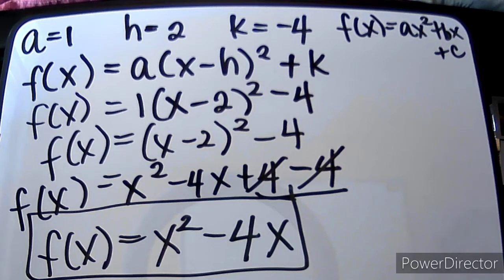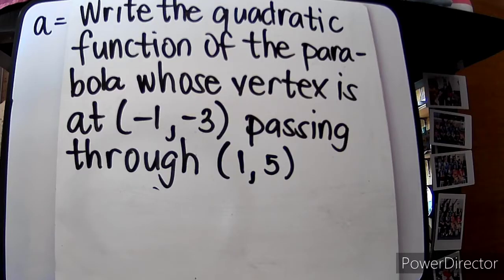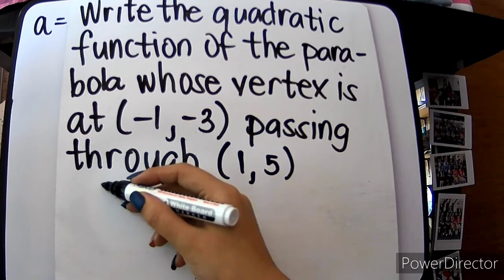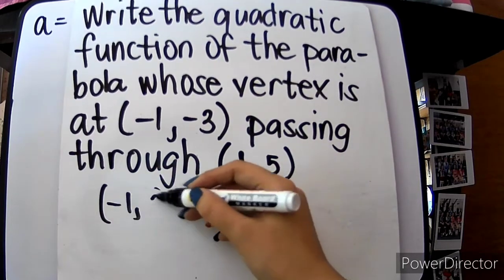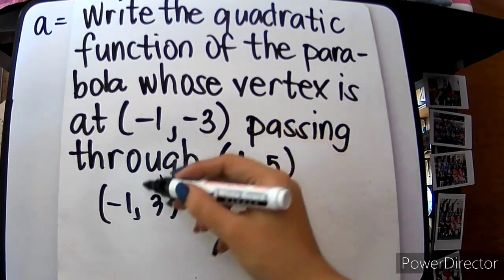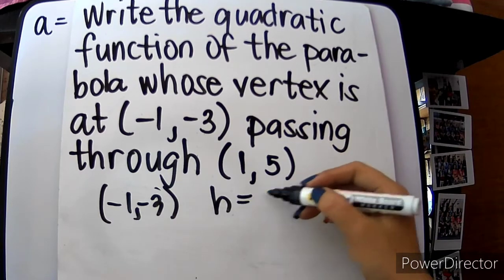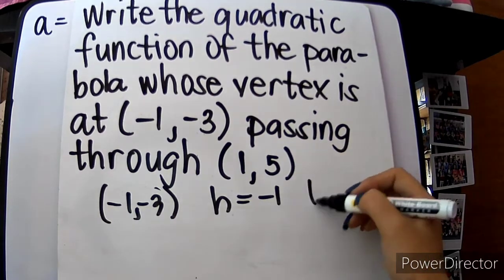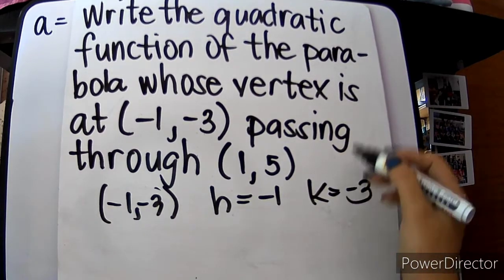Next is another example. Write the quadratic function of the parabola whose vertex is at (-1, -3), passing through (1, 5). So, ang ating vertex is (-1, -3). So, ang ating h is -1, ang ating k is -3.